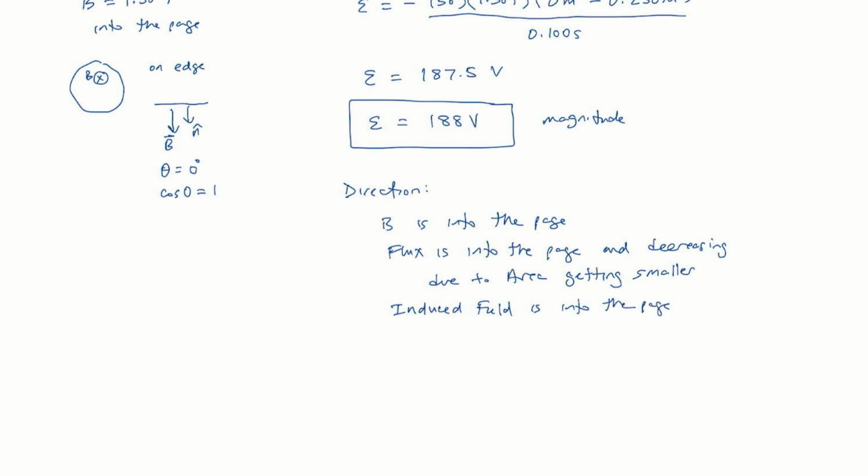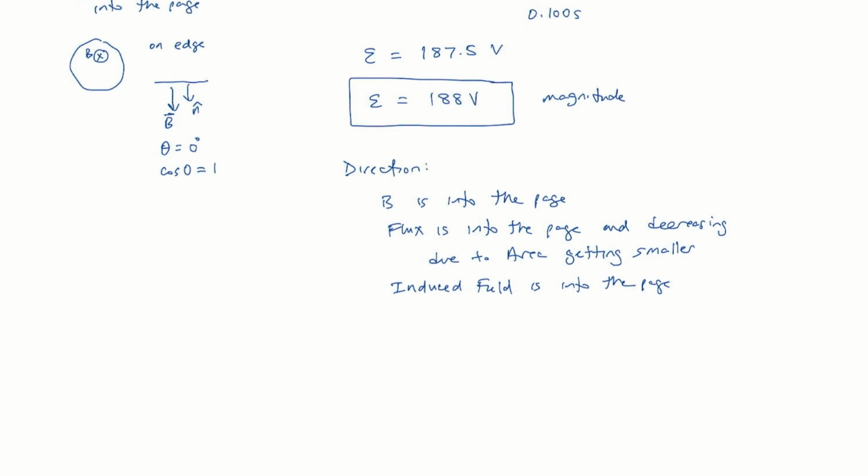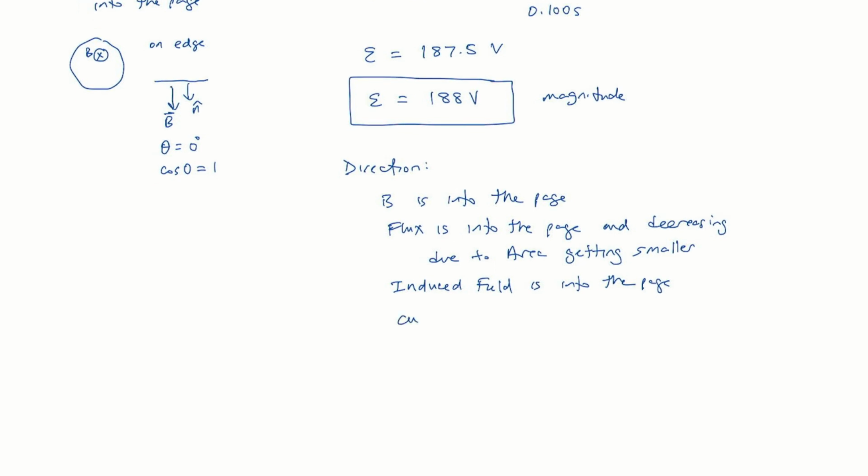If we point our thumb into the page, our fingers curl around clockwise. And so that means the current is clockwise. And to make a clockwise current, that means the EMF is going to be clockwise.